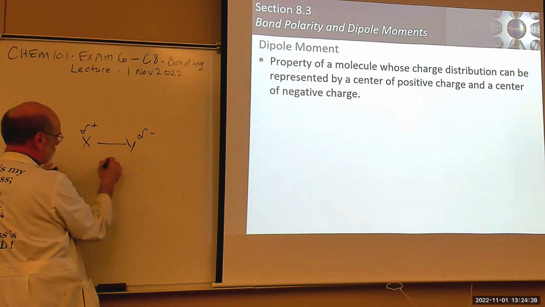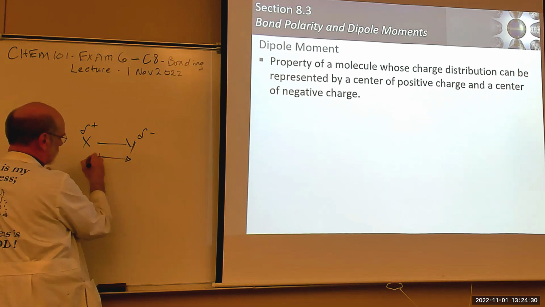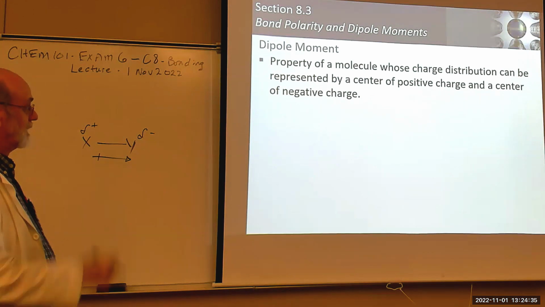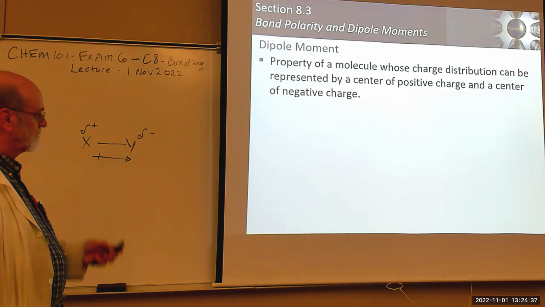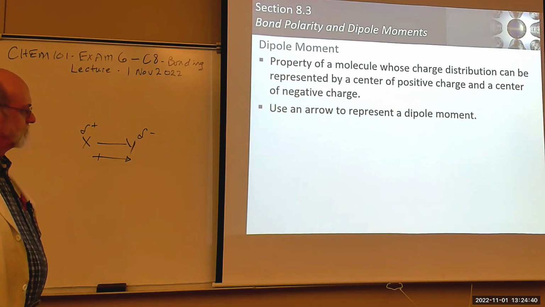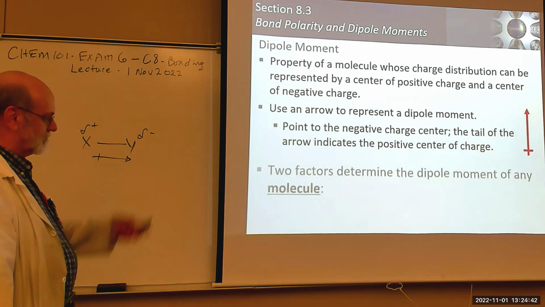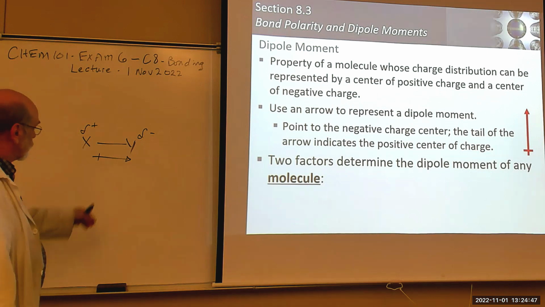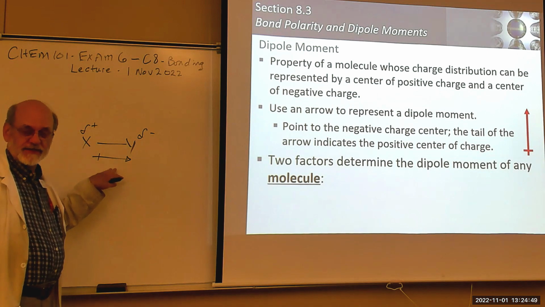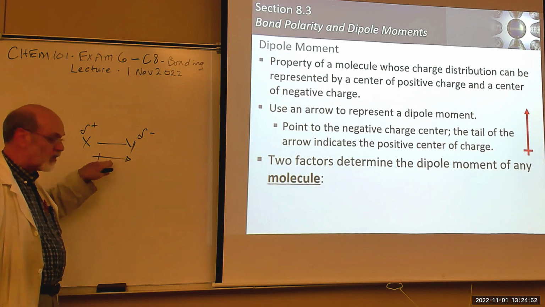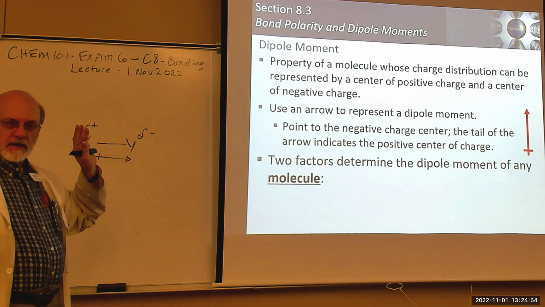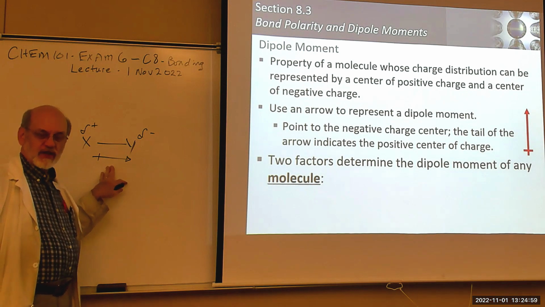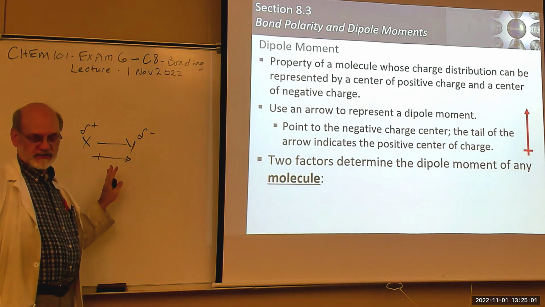This is our expression for the dipole moment: we use an arrow with a plus on one end, like that. Now, this is the dipole moment of the bond, but it is also the dipole moment of the molecule if there are only two atoms present.